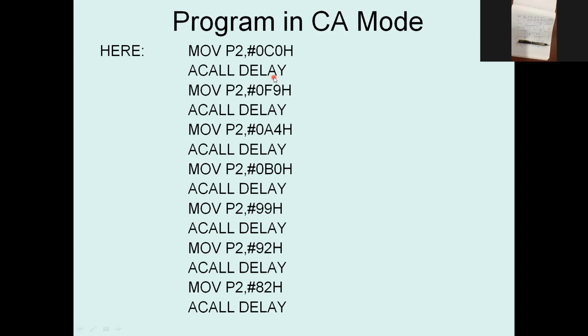Okay. Yes, sir. So similarly, we can do it. This is for common anode. If it is a common cathode, then C0 will be replaced by 3F, F9 will be replaced by 06. The program will just change.